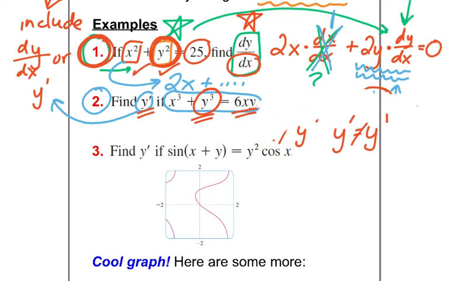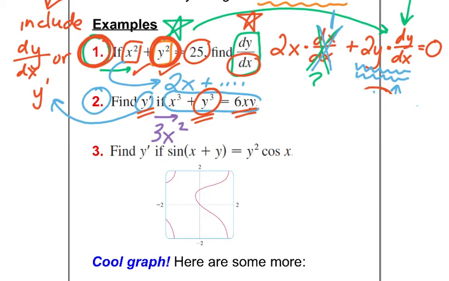Okay, shall we do it? Here we go. Let's go left to right. Let's pick a new color. How about purple? Okay, as I work left to right in this equation, I should get the derivative of x cubed is 3x squared. Now he's an x term, so I don't need to include the dx there. I could, it's true, but I don't need it. Only the y terms I need to worry about that.